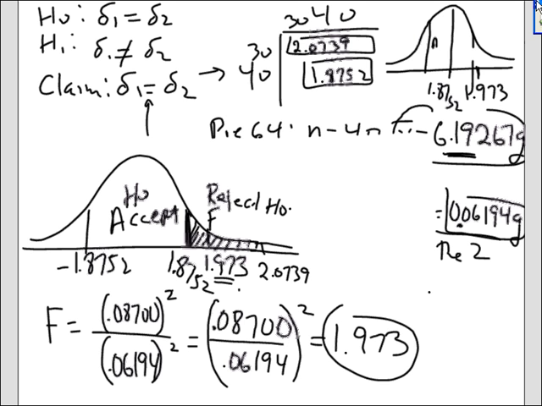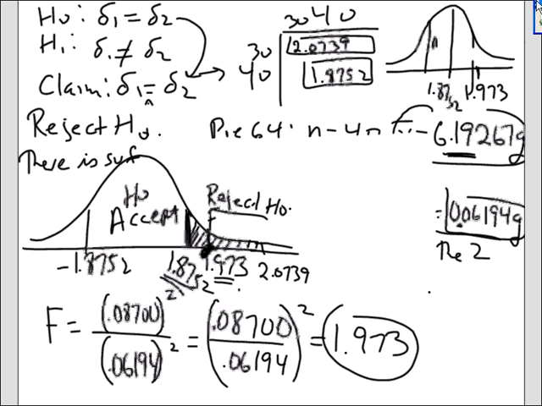So now, since our F value from the test statistic, 1.973, is right here, it's to the right of 1.8752, we reject H0. But H0 was the claim. The claim was H0. Okay, so we reject H0, and that means we reject the claim.